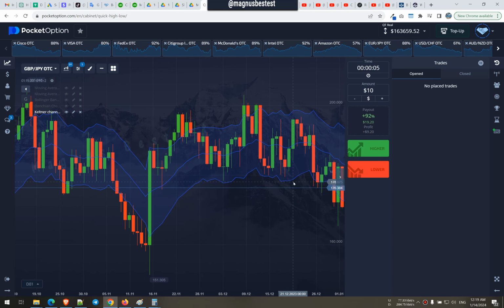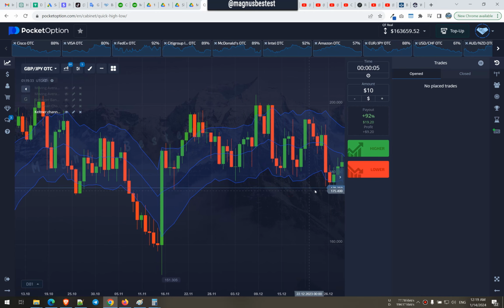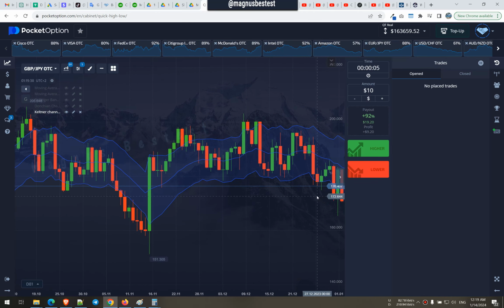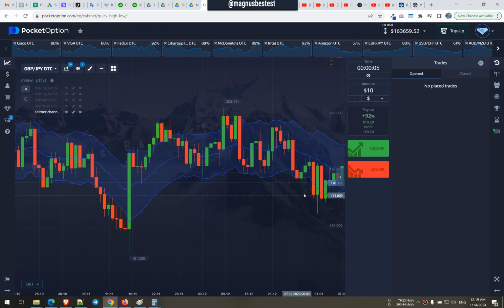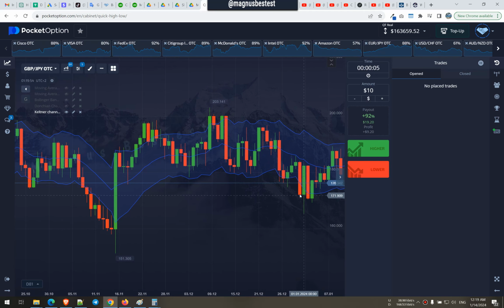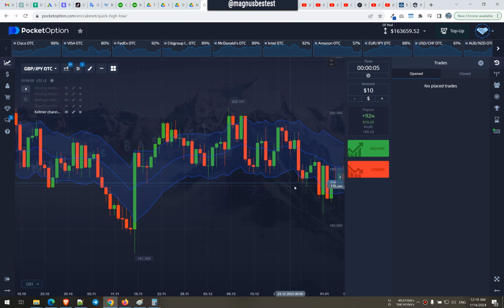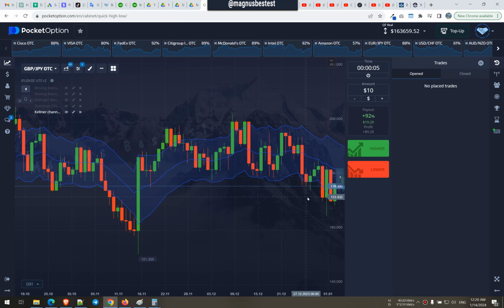So here we have the lows, and basically you are supposed to continue the move. When you see something like this break, you are supposed to go down. When it breaks the lower band on the Keltner channel, you are supposed to go down. Don't forget, we are talking about the Keltner channel, and it's the same continuation strategy as the Donchian channel, but it takes into consideration average true range.